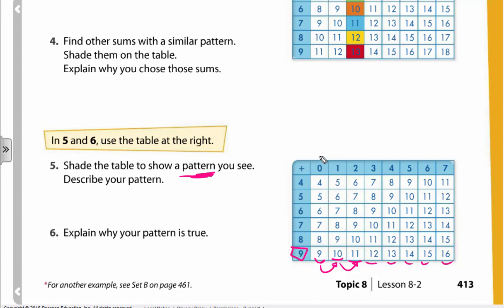But we are changing the other addend. So we change only one of the two addends. Okay, so if we increase one of the two addends by 1, the sum will increase by 1 also. Okay, this is a good pattern. Thank you, Adam.